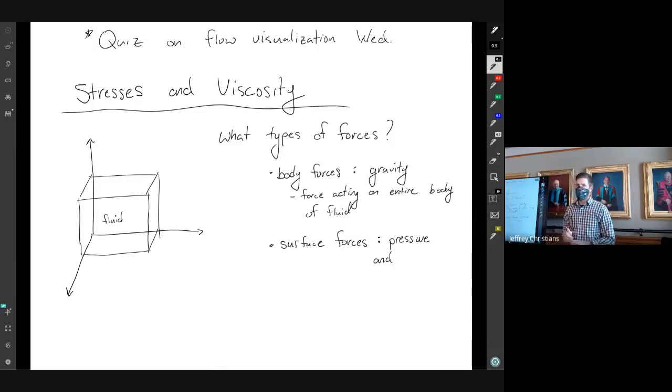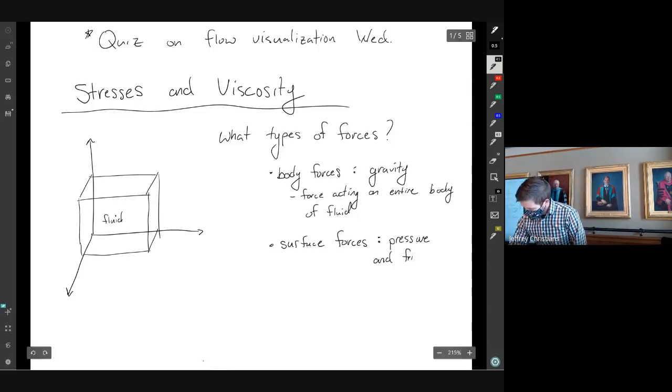And then the other one is friction. Okay, so these are forces on the surface.